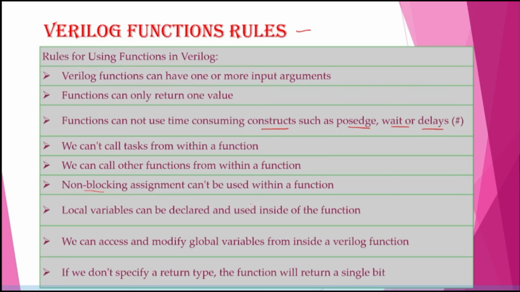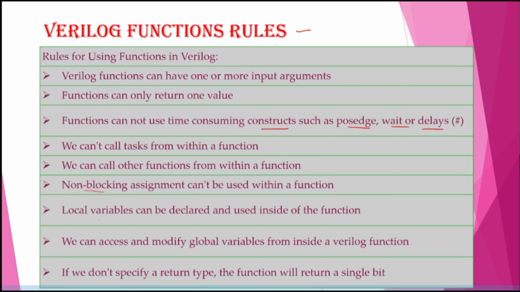It takes some period of time, and only after execution of all the RHS statements does the assignment to the LHS happen. Because of this delay in assignment, which is not allowed in functions, we can't use non-blocking assignments within a function.